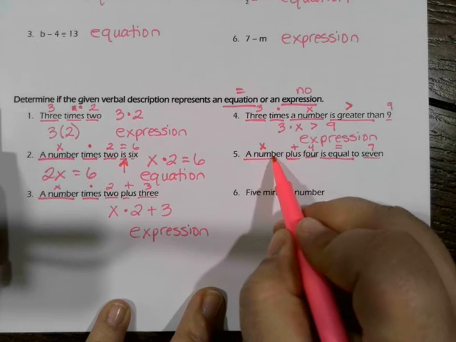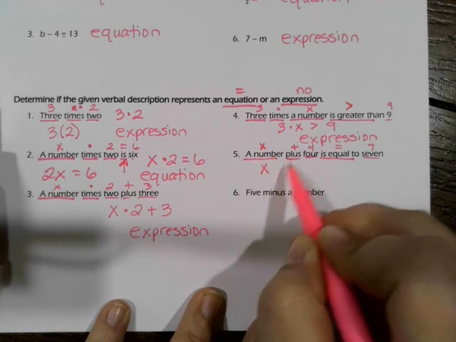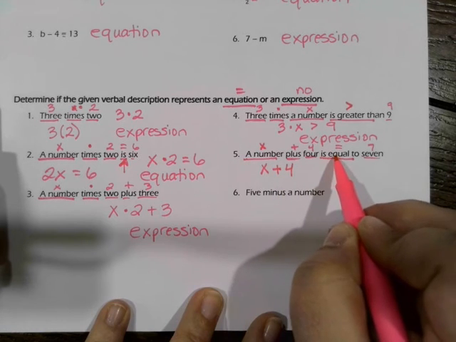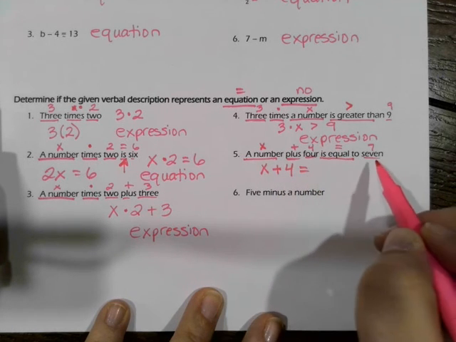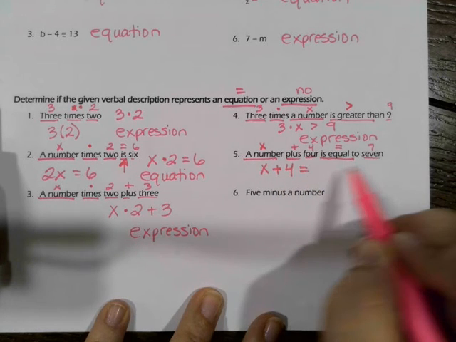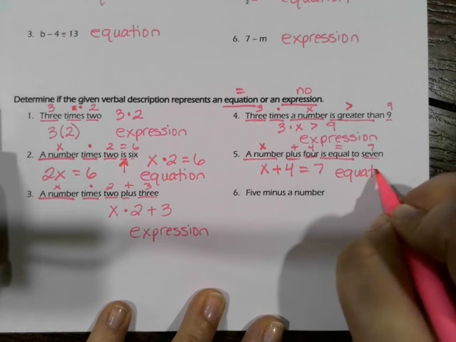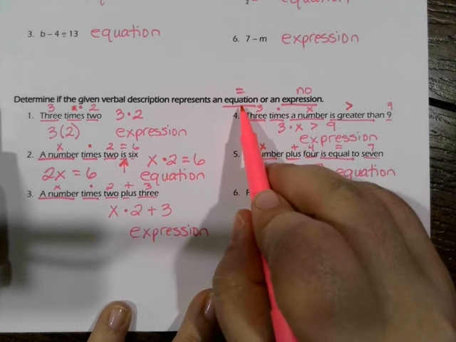So we have a number, x, plus 4 is equal to 7. Because we have an equal sign here, we know that it's an equation. Again, an equation has to have an equal, an expression has no equal.